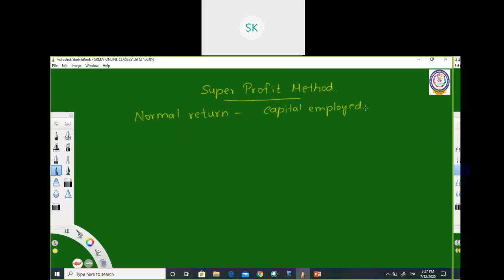The buyer of a running business has an advantage in the excess of the normal return of capital employed. So the difference between the actual profit or the average profit over the normal profit is called super profit. Now we'll see how to calculate goodwill under this super profit method.